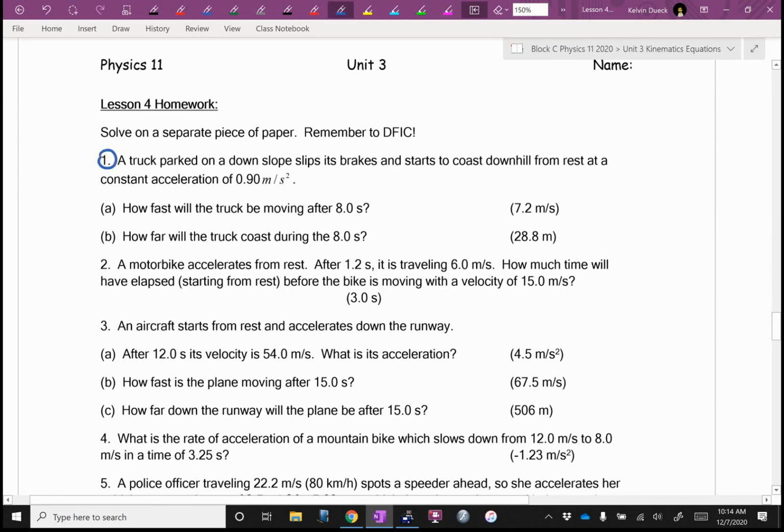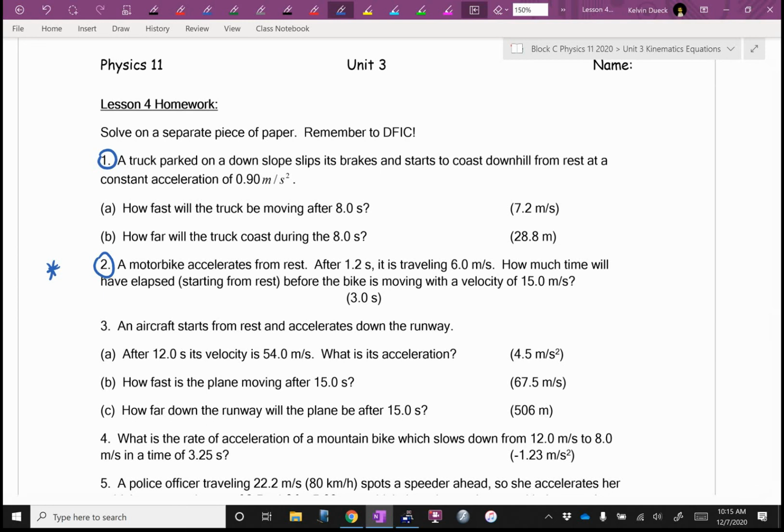One is good. Number two, I haven't showed you how to do yet. It's tricky. Your hint for number two is you don't have enough information to answer the question, but there's enough information in the question to help you find something in order to find something to answer the question.